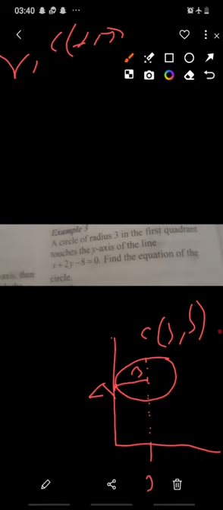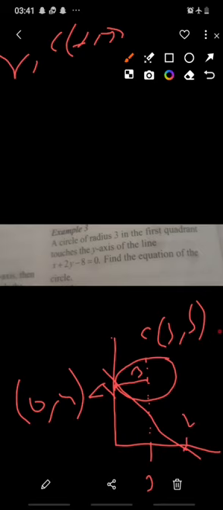With this, we can now find the coordinates. So we have the point (0, 4) for point A, and then let's label this other point L.